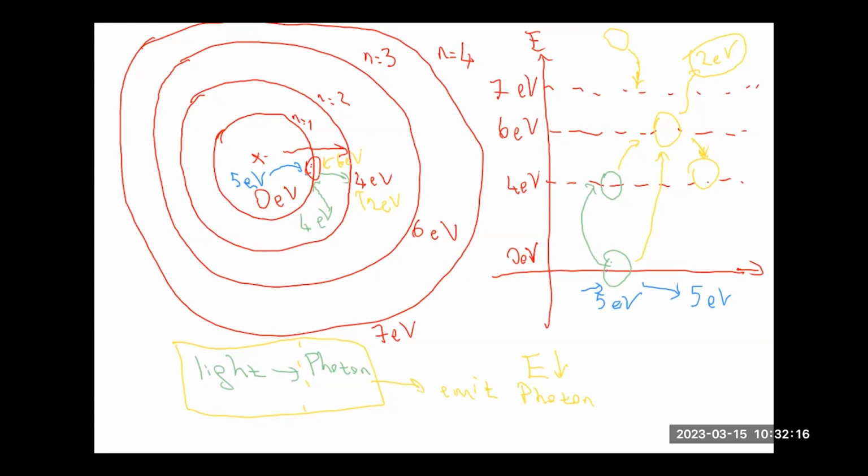So this electron, in this case, cannot emit a 1 electron volt photon. In order to go back to the first energy level, it should emit a 2 electron volt photon. Okay, hocam.